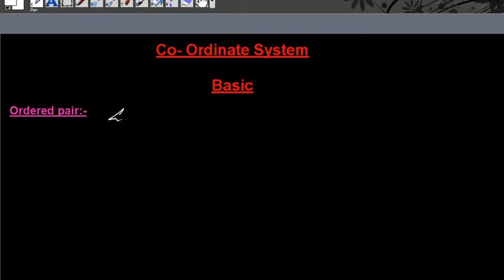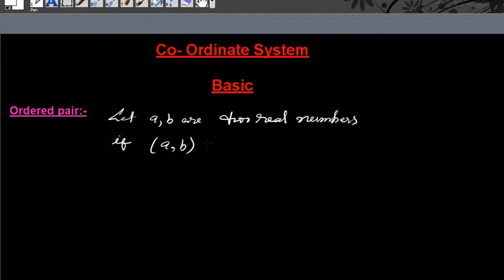That means, let a, b be two real numbers, then the representation (a, b) is called the ordered pair.